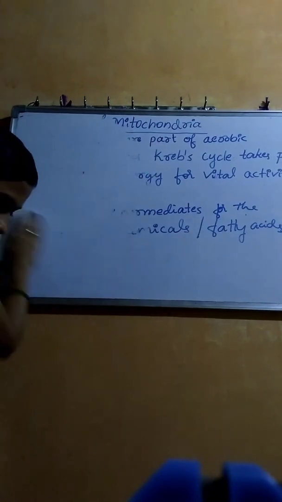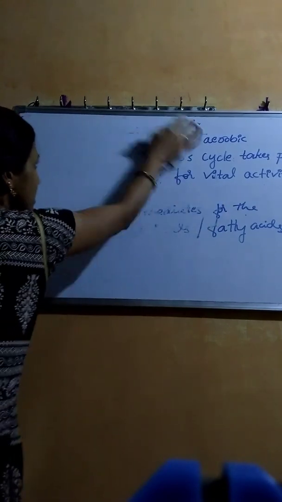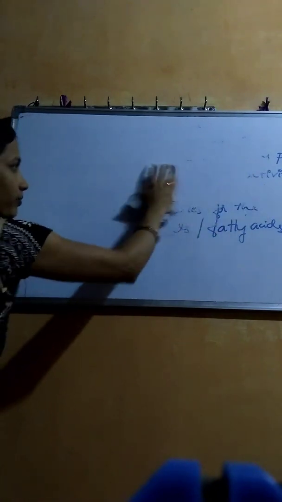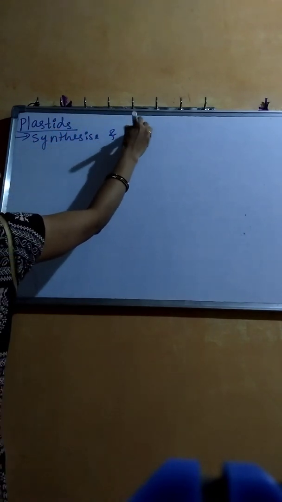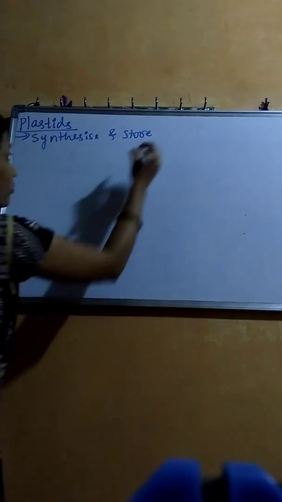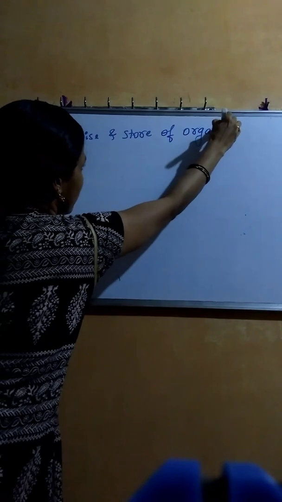Plastids are large cell organelles found in plant cells, and they are specialized to synthesize and store organic substances, that is, food.